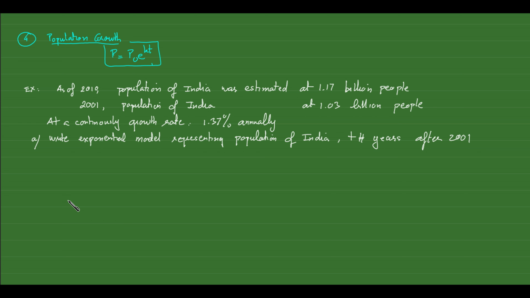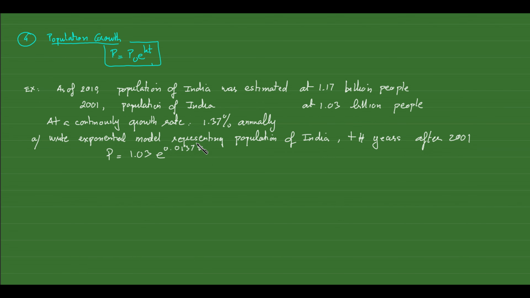So we need to find the model. We know the r already, right? We know the initial value, so we can write P equal to 1.03 e to the rate, which will be 0.0137t.